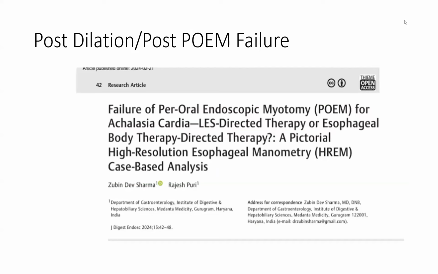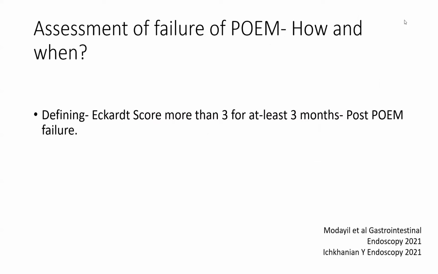So this was the article that we published last year, and we're going to use this as our basis and some other articles to understand what we can do for this set of patients. So the first and foremost point is how do we define a failure of POEM?